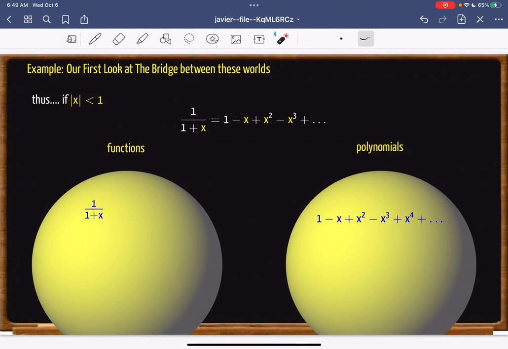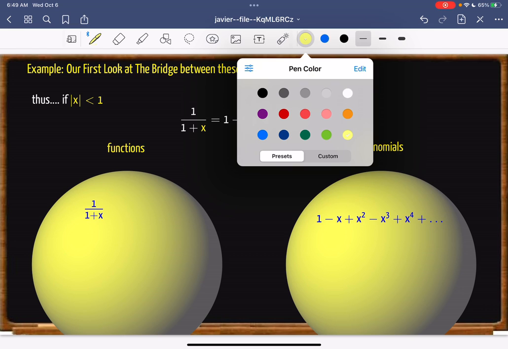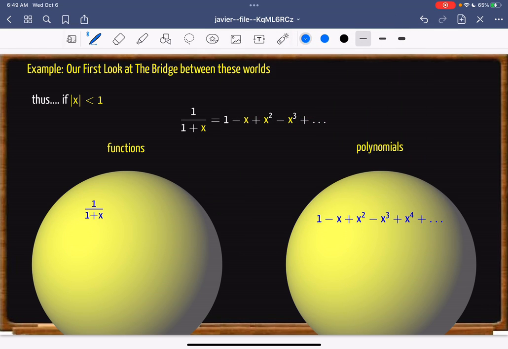We have that the expansion for 1 over 1 plus x is completely connected to this alternating polynomial of infinite degree. We already had the other one, just a little while ago: 1 over 1 minus x is equal to 1 plus x plus x squared plus x to the third plus dot dot dot. So that's 2 of them already. Unbelievable. We're making such good progress.